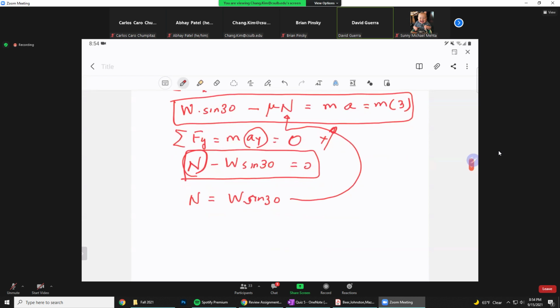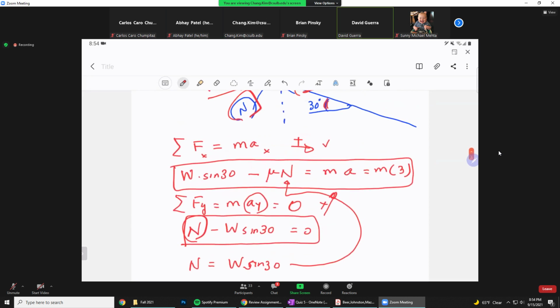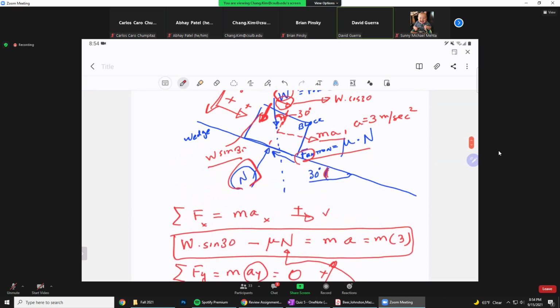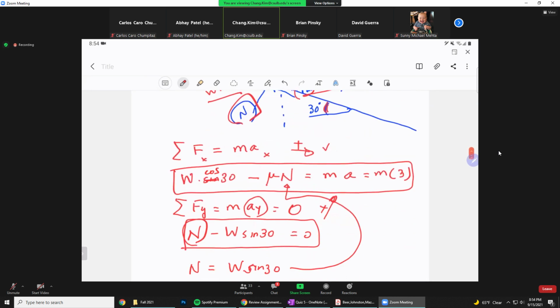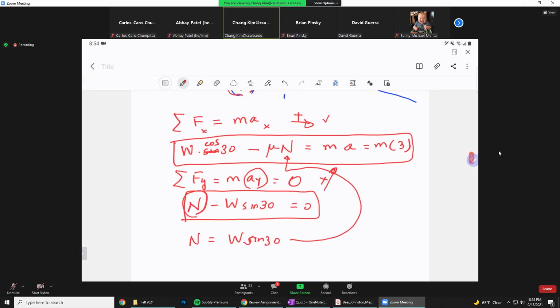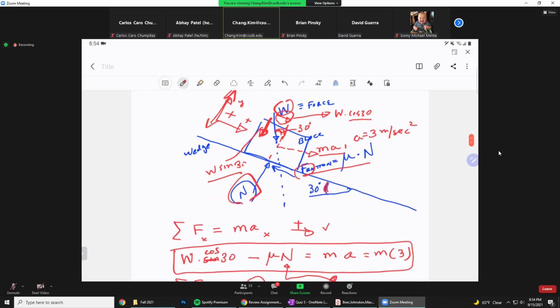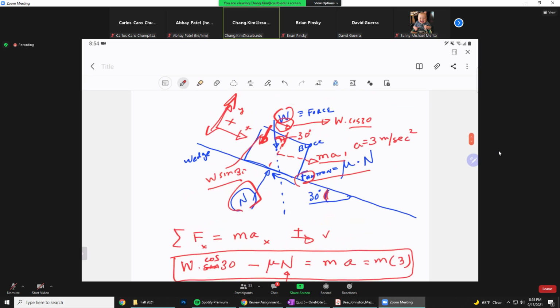Professor, for the summation of the forces in the x direction, I think you put sine of theta instead of cosine of theta. That's a cosine, isn't it? No, let me take it back. It's a sine, yeah. This is a sine, sorry.